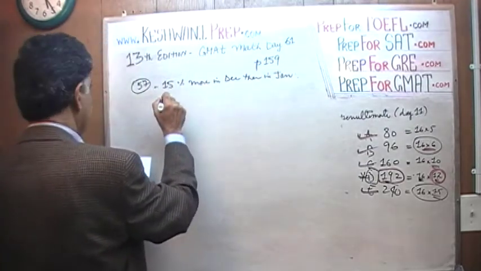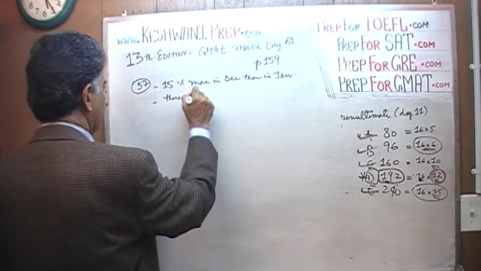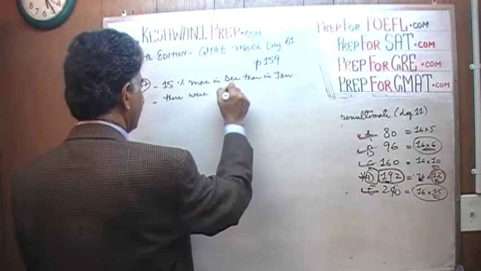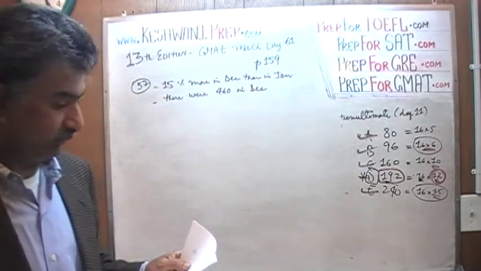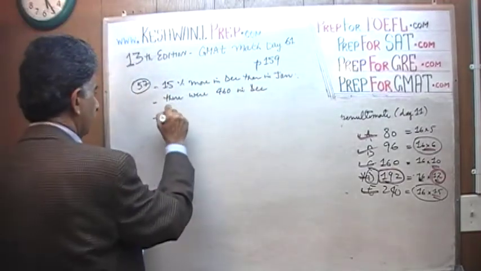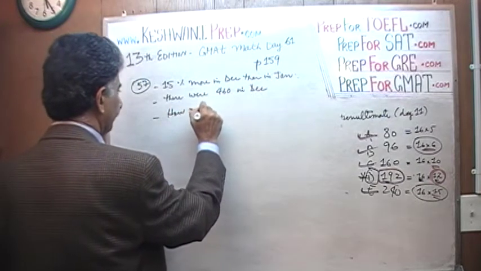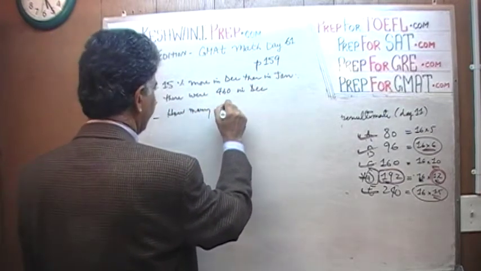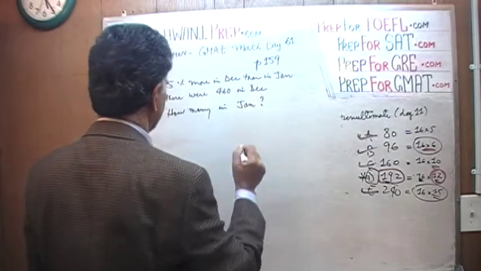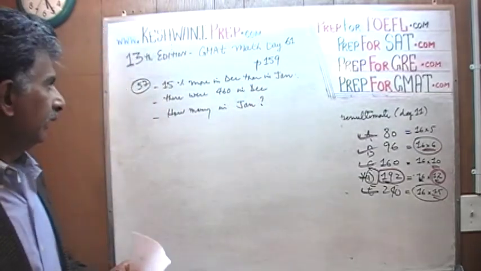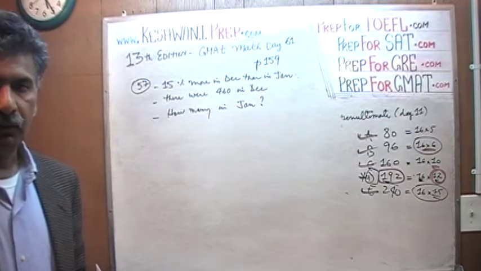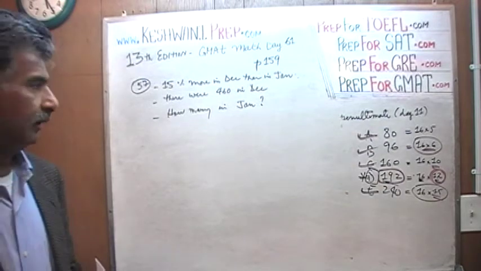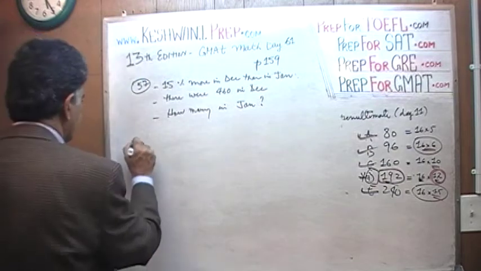We are also told that there were 460 employees in December. The question is very simple: how many employees do we have in January? If we had 15% more people in December, and there were 460 people in December, how many do we have in January? It's very simple.